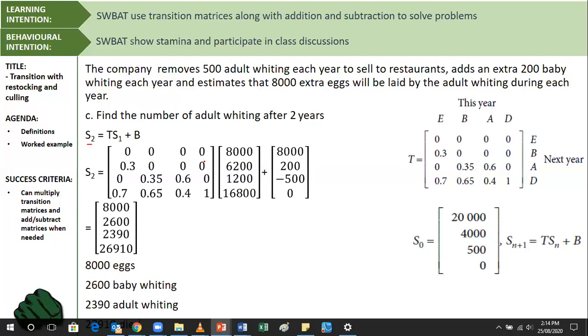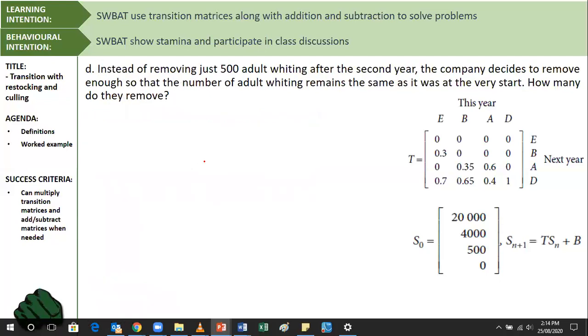Now, because you're going through a process of adding that extra bit in, you're not going to get a rule. So these will only be operated year by year, because when you add the numbers in, it's going to change it when you multiply by the T matrix. In other words, these will only be recursion. So there won't be any rules behind this.